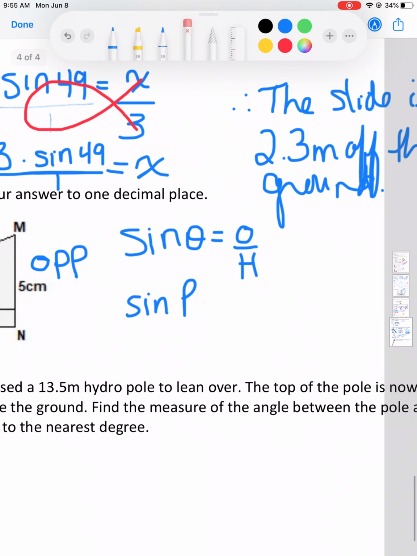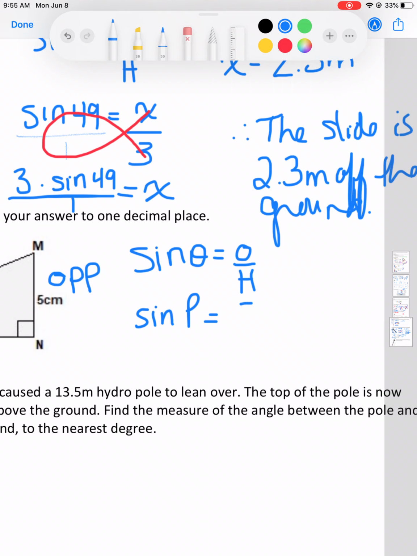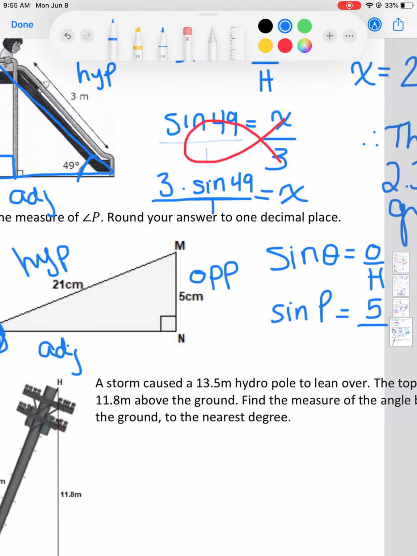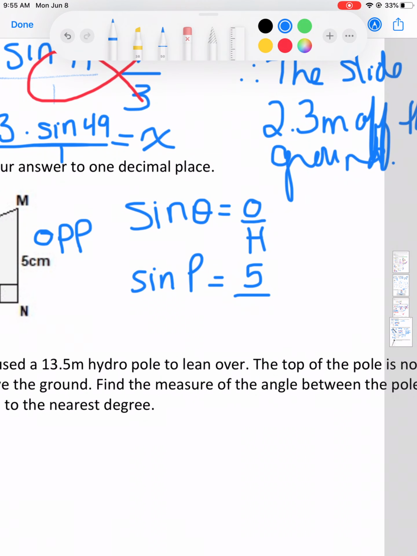So, what's my opposite? 5. What's my hypotenuse? 21. Okay? So again, this is over the number 1. So again, we start with our unknown. What is our unknown? Our unknown is sine p.